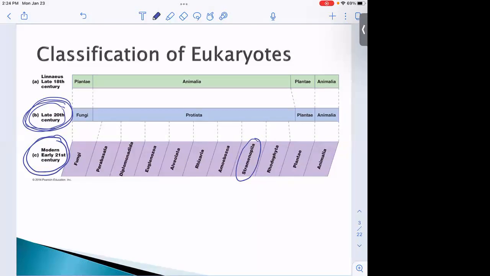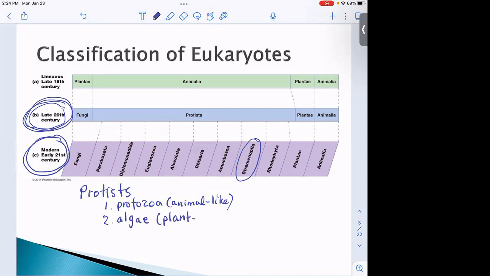Okay, so within this group, the protists, that's going to include the protozoa, which are animal-like. That's going to include the algae, that are, of course, more plant-like, and there is a difference between algae and plants.